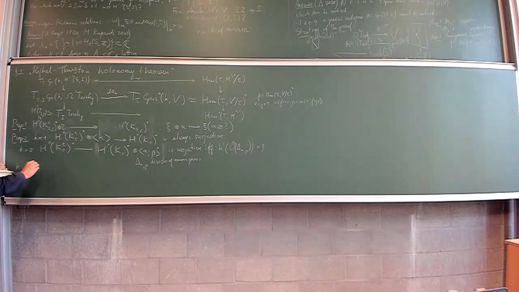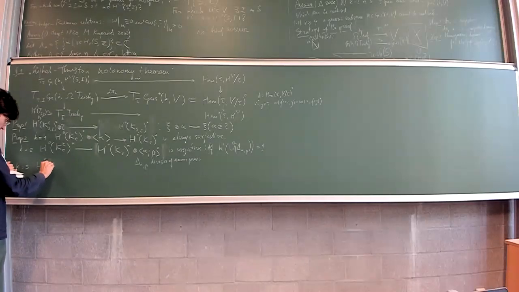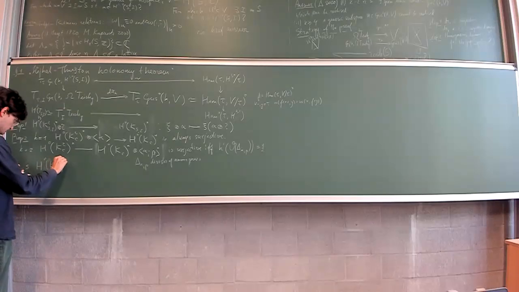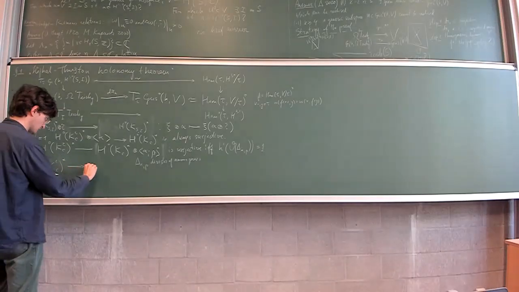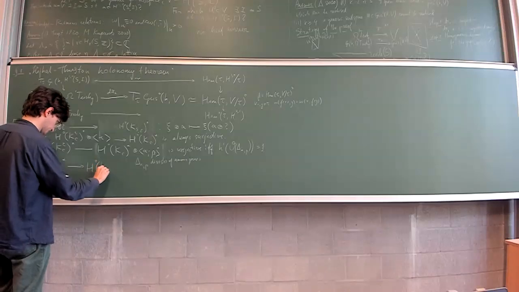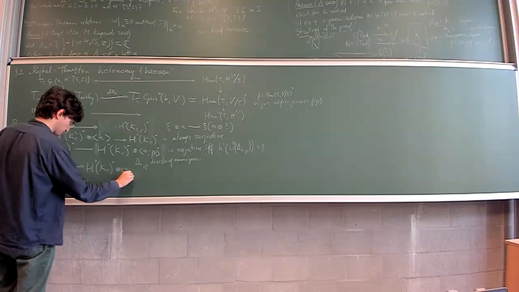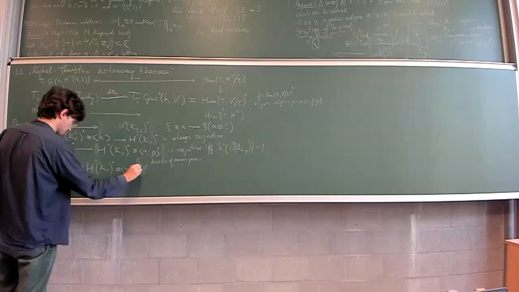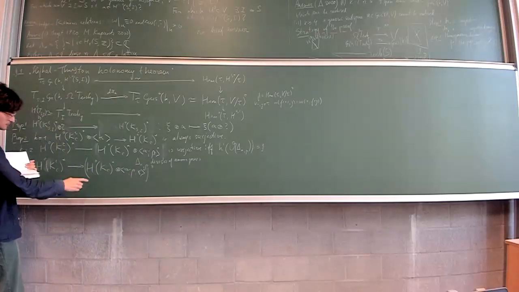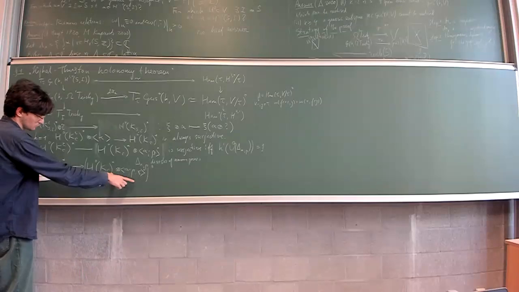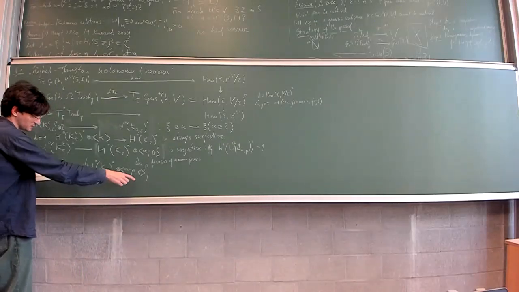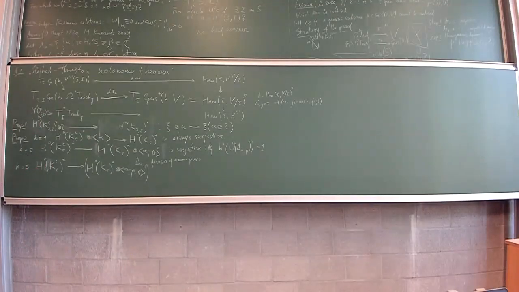And then number 3, for 3 classes, the map. Notice that this is g-dimensional, this is 3-dimensional, so this is 3g dimensional, but the not condition implies that it is of dimension 3 in this tensor product.